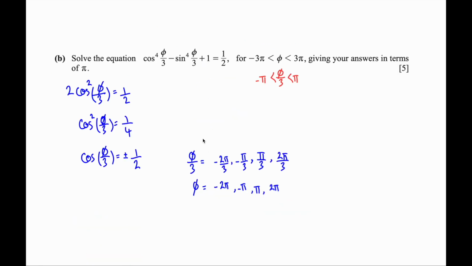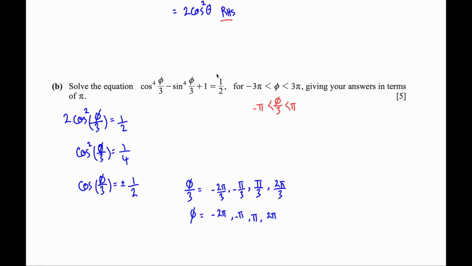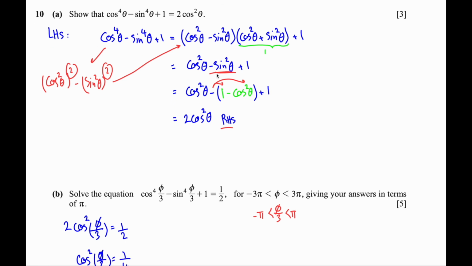In part B, I have to solve this equation, which looks a little bit challenging and difficult. However, you have to make use of what you found in part A. With simple comparison, you can see that theta over here is replaced with phi over 3.